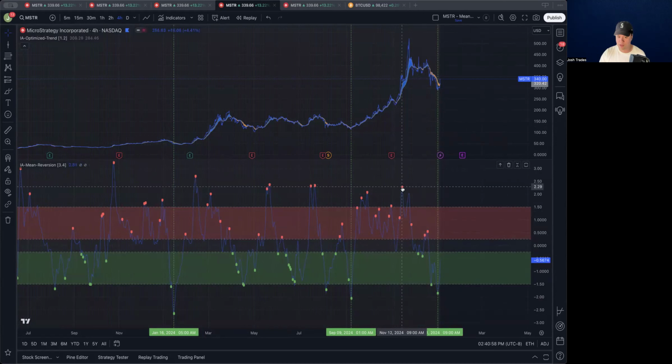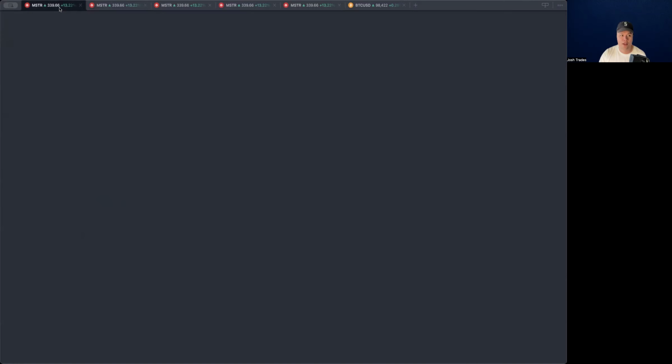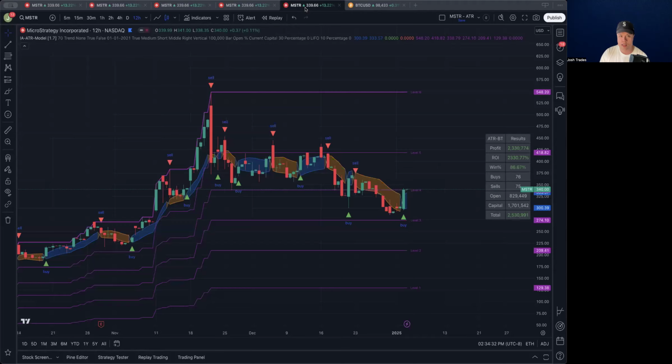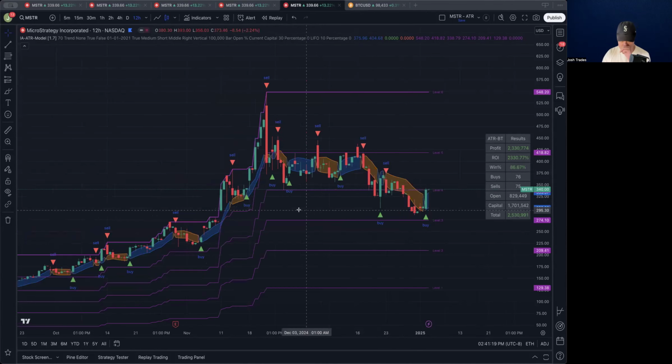And when you're using mean reversion up here, you wait for the mean reversion to signal. There's one signal, and then you wait for it to be overvalued. And some suggest, well, why wouldn't I just sell it here on November 18th? Again, we want to use a combination of models. So we can go to the ATR model. I know we're outside the ARB cloud here on November 18th, but we just actually got a buy signal.